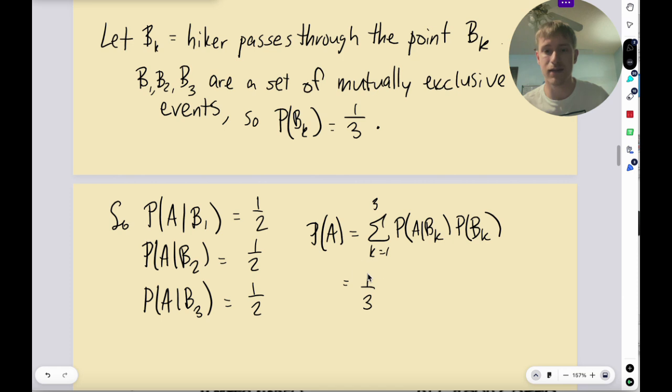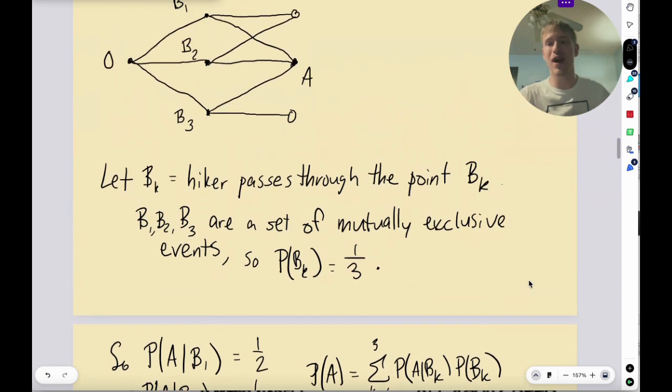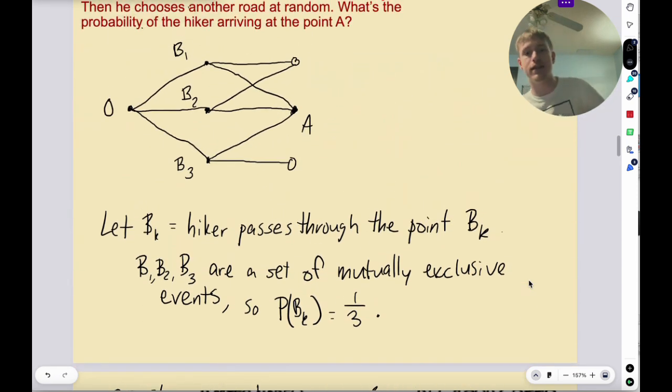And then we get the probability of A given B sub 1 plus the probability of A given B sub 2 plus the probability of A given B sub 3. So we have 3 1/2s, and we're taking 1/3 of that, so we get 1/2. Which again is not surprising because you can actually enumerate all of the possibilities of all paths traveled, right?